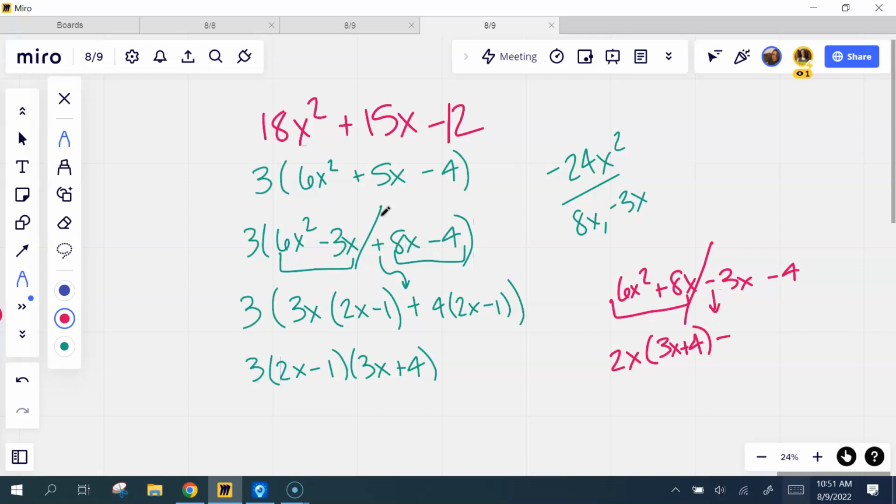And remember, if the middle sign is minus, it causes that last sign to change. So that's why I said it might be easier to write your negative one first, but it's not wrong either way. What's the GCF here? 1, and that middle sign changes. So I end up with 3x plus 4, 2x minus 1, and then don't forget that 3 that we took out in the very beginning.